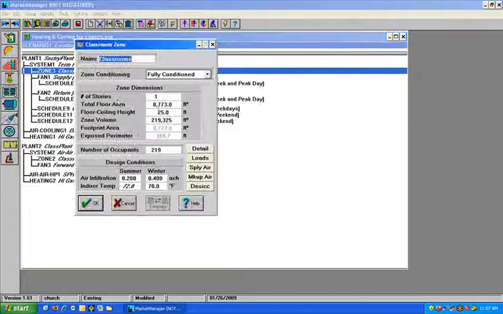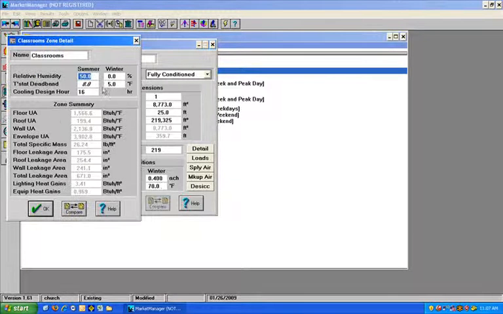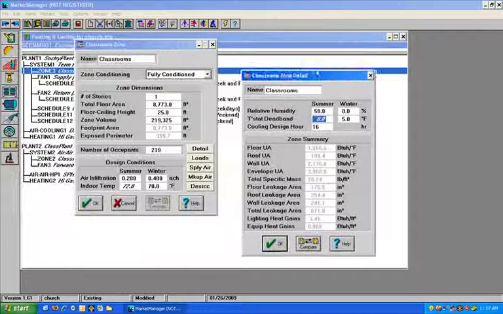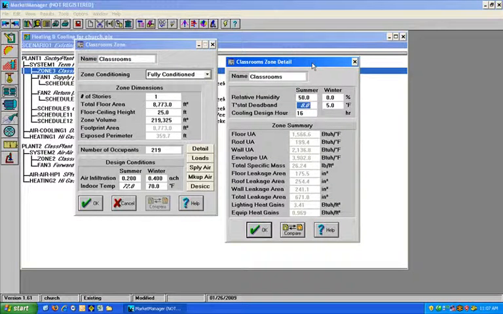More on the zone form. A lot of this you can figure out yourself. Actually, all of it. In the detail form, these are your dead bands. What we mean by dead bands is if I have a set point of 72 degrees and the temperature goes 72 minus 8, which would be 64 degrees, then it starts heating.